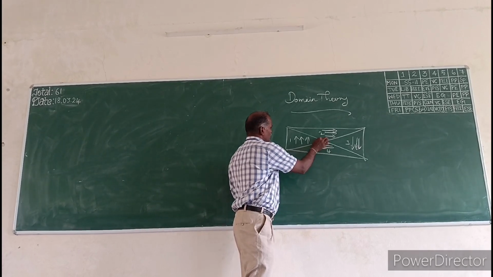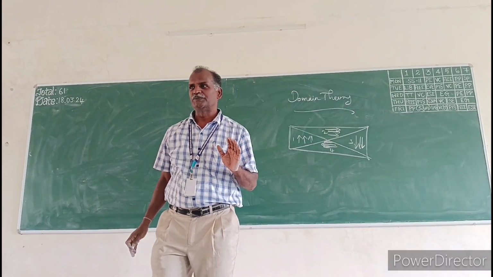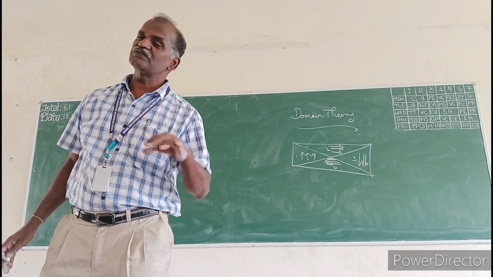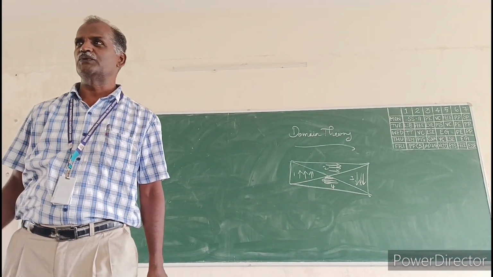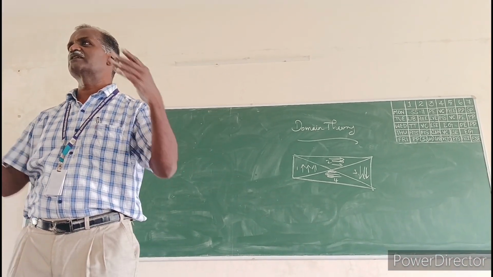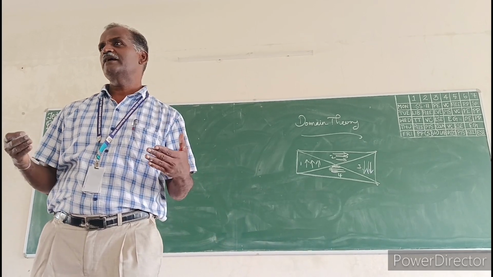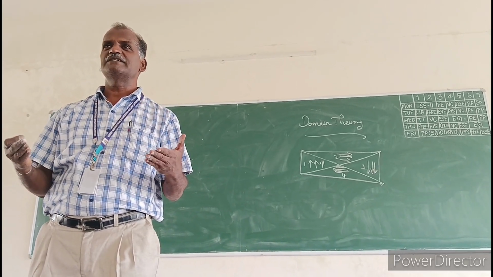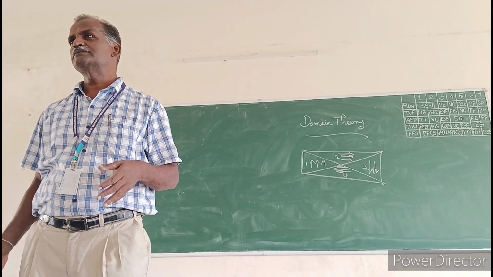Each single domain is magnetized to its maximum value, and the remaining 3 domains are also magnetized to their maximum value. But the resultant magnetic moment of the material is 0. This means their magnetic moment directions are random.